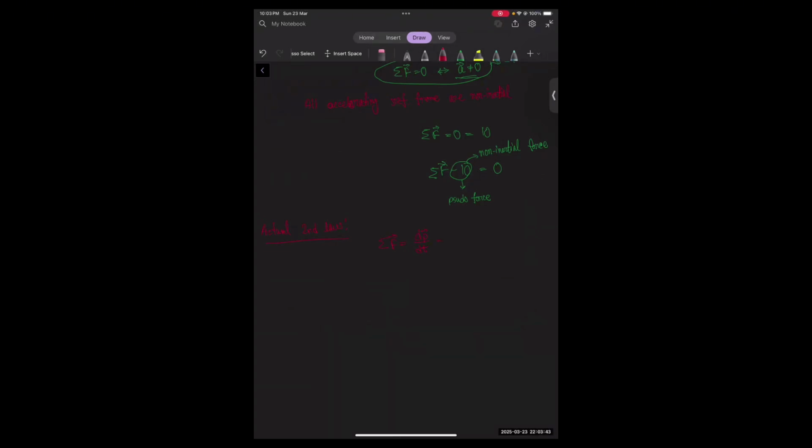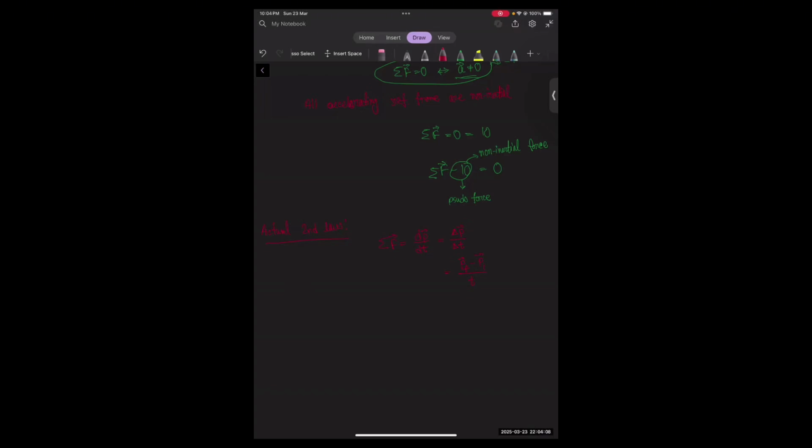But we don't know derivatives yet. So we just write this as delta p, change in momentum, divided by change in time. So basically we can write this as p_f, final momentum, minus p_i, initial momentum, divided by t, the time gap between these changes.